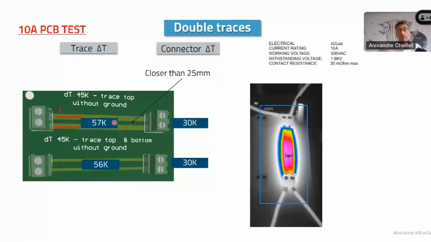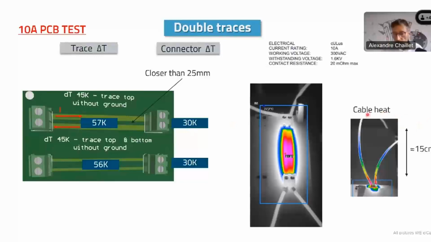Okay, so that's a little bit more. And if you have one trace of 2 millimeters on the top side, or here 1 millimeter on the top layer and 1 millimeter on the bottom layer, then you will heat exactly the same. The connectors are always less.